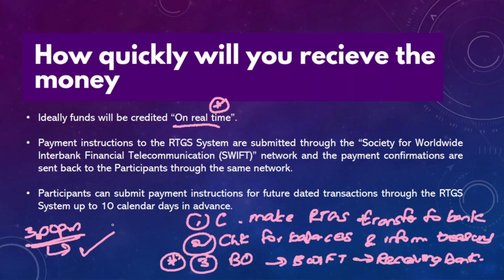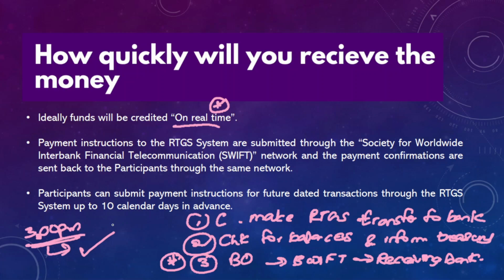Why? They would have received the funds and then the bank has to credit the funds directly to the account itself. That's how the RTGS works. So though you say real time, it may not be happening instantaneously as how SEFT would work. I will explain how SEFT would work in another video, but this is not so real time as SEFT itself.